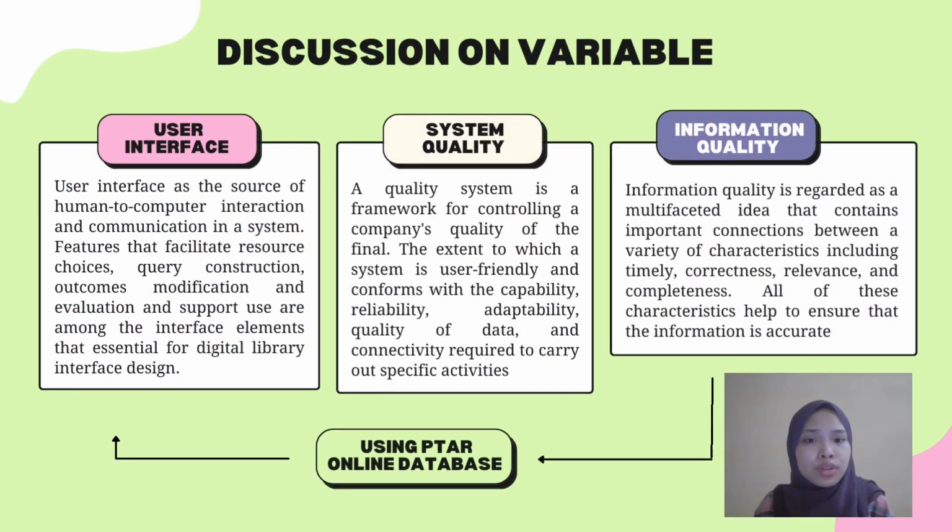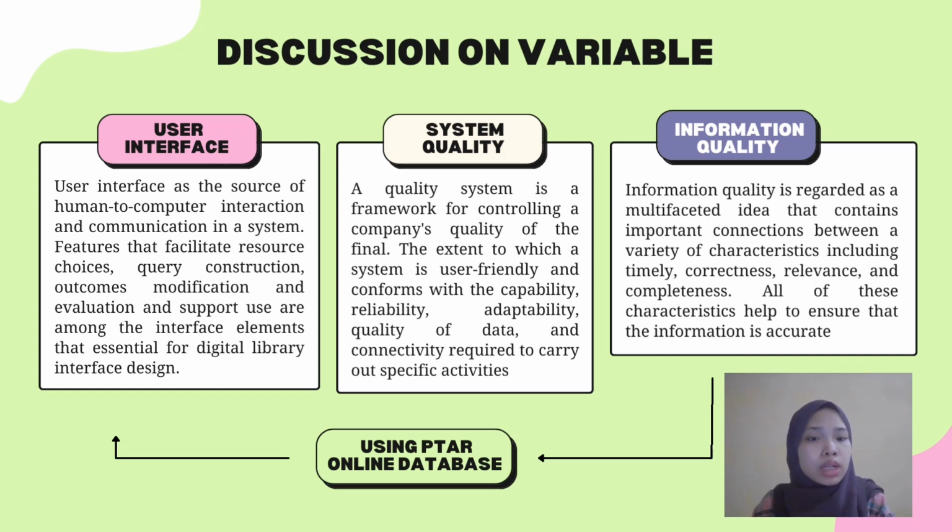The independent variable consists of three important elements, which are user interface, system quality, and information quality. First of all, user interface is the source of human-to-computer interaction and communication in a system. This can include keyboard, desktop display, mouse, and other pointing devices. It also refers to the manner in which a user engages with a website or application.